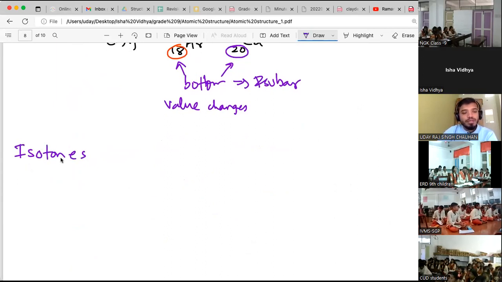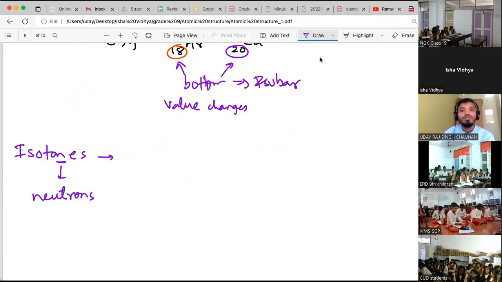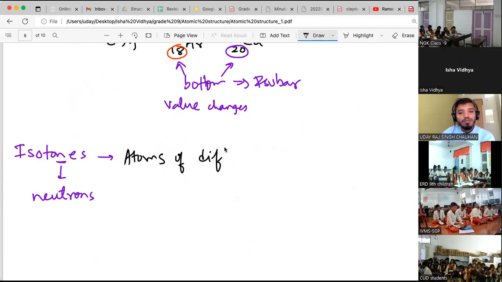Isotones. Remember this N stands for neutrons. You can remember it this way. N stands for neutrons. So isotones have atoms of different elements.